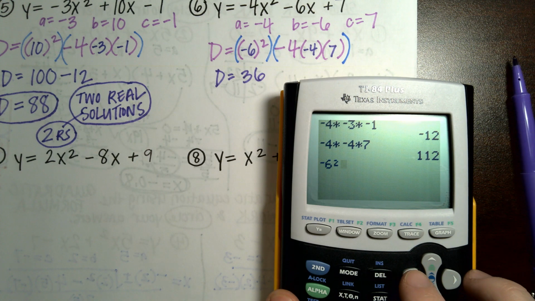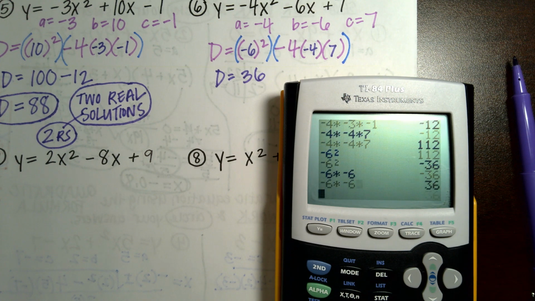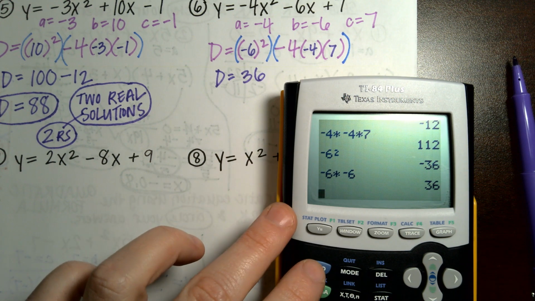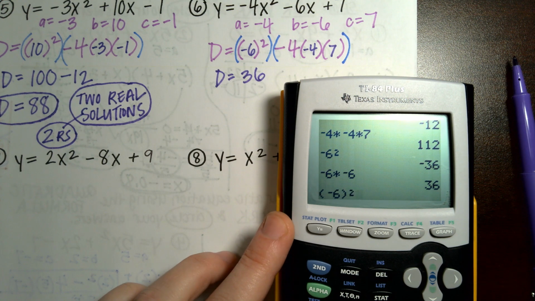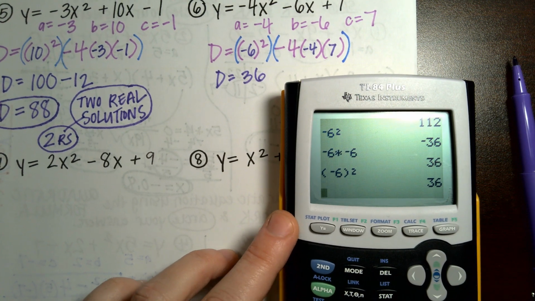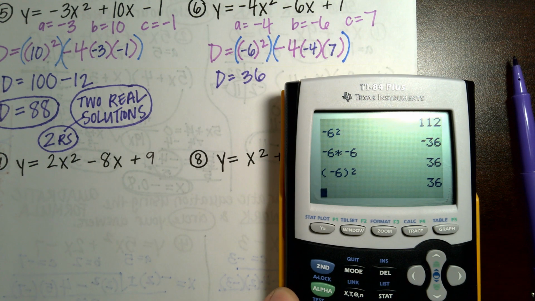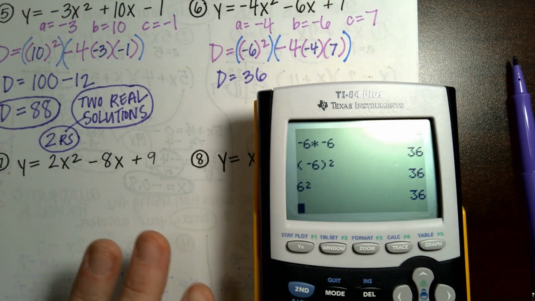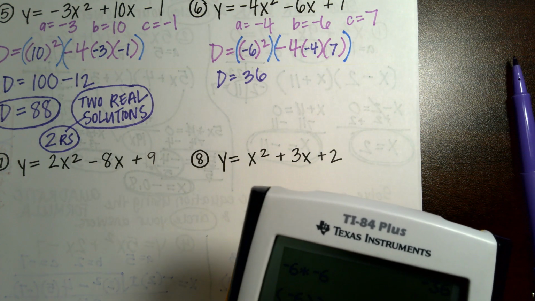In order to get the right answer, we would either need to type in -6 times -6, or put parentheses around our -6 before we square it. Or we could just remember that anytime we square a number, it's positive. So I normally just don't type the negative. I just type 6 squared like that.